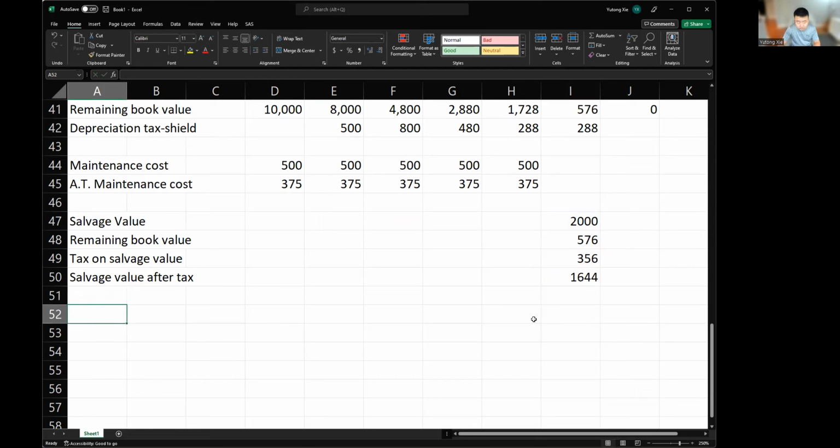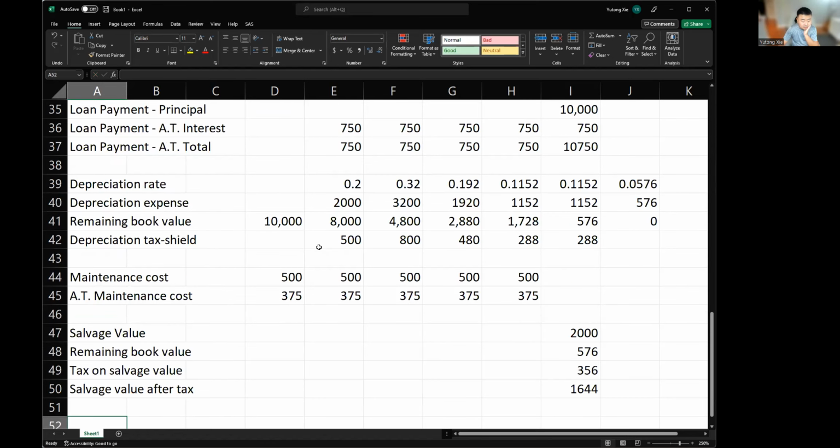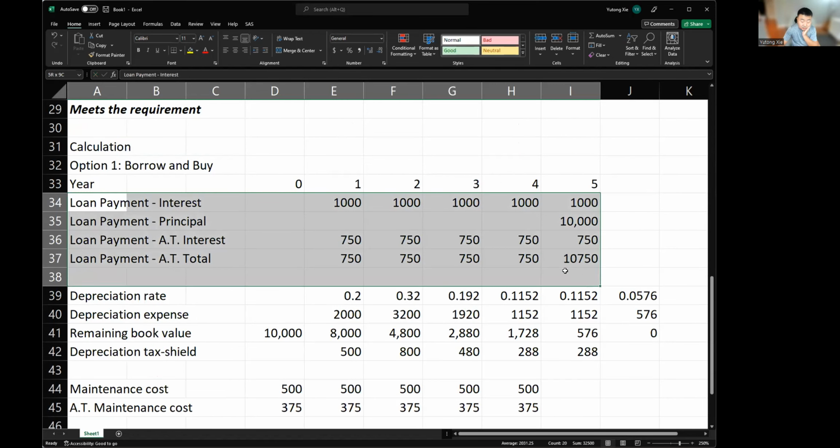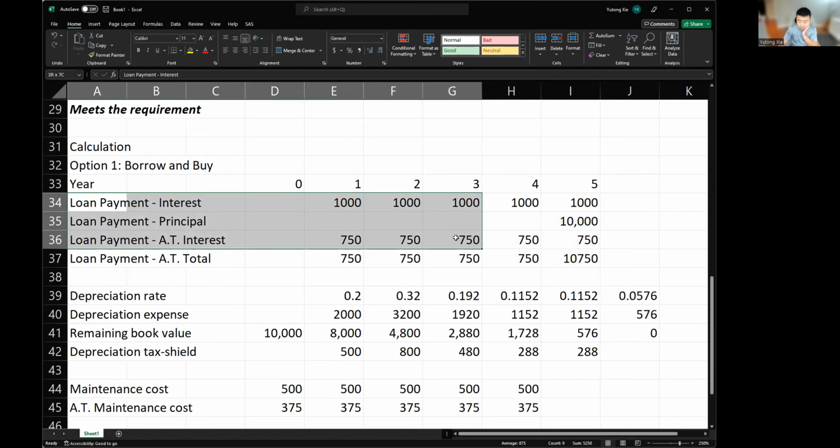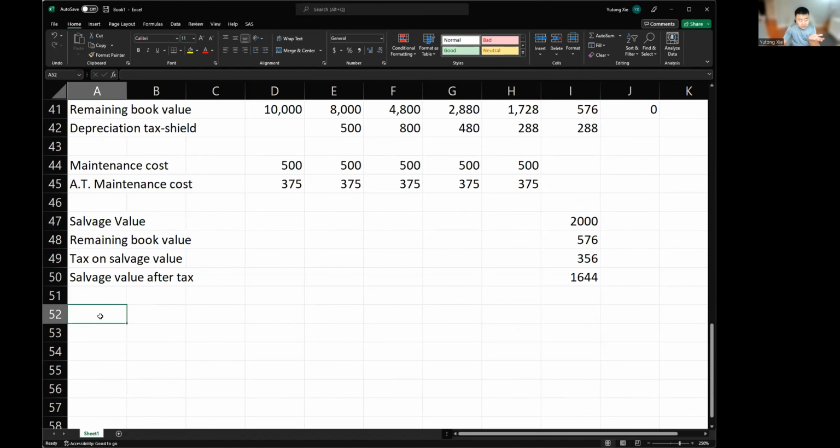Okay. All right. So what's the problem? The problem is we didn't really put in any plus or minus, right? Up until now, every number is positive. We don't know whether it's a cash inflow or outflow, right? So up until now, what we want to do is gather the net cash flow.